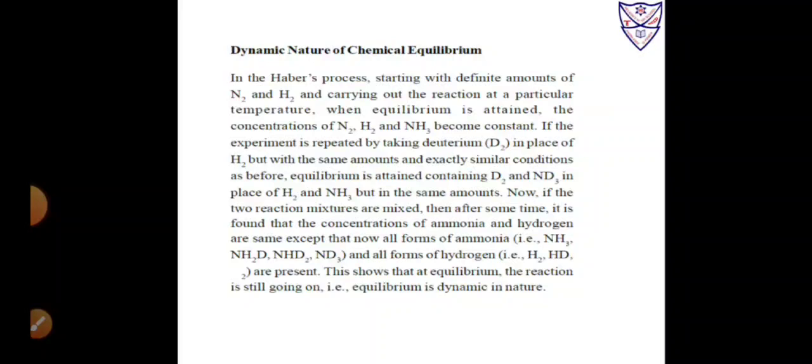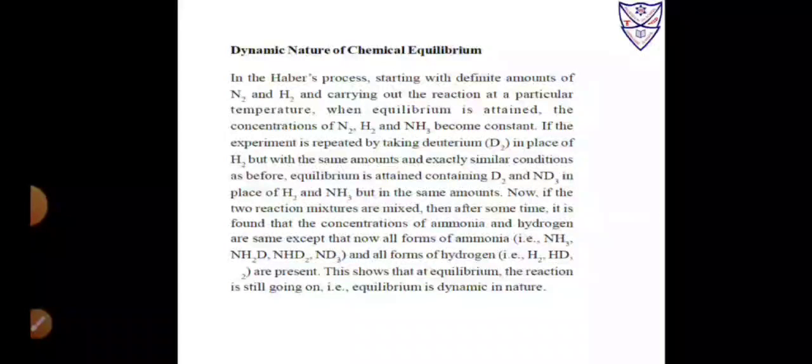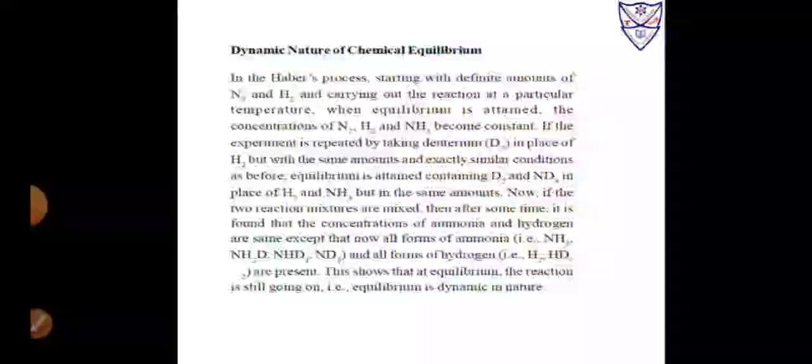So when nitrogen and hydrogen react to form one product, that is ammonia, and again it is reversible, it comes back in the form of nitrogen and hydrogen. In the Haber process, starting with a definite amount of nitrogen and hydrogen and carrying out the reaction at a particular temperature, when equilibrium is attained, the concentrations of nitrogen, hydrogen and ammonia become constant.